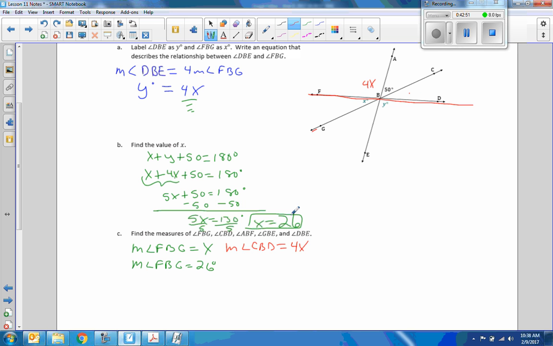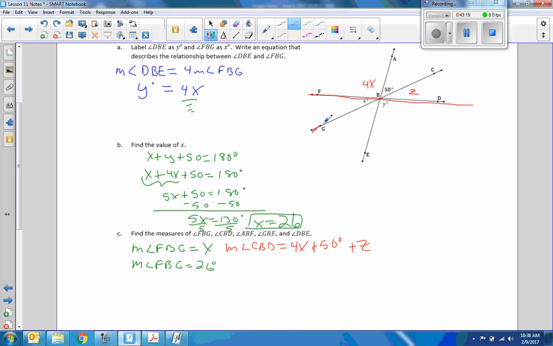But we know x is 26. So I'm going to say the measure of CBD is 4x plus 50 plus some other unknown. I'm going to call it c. I can't call it x because we don't know that that's equal to that.